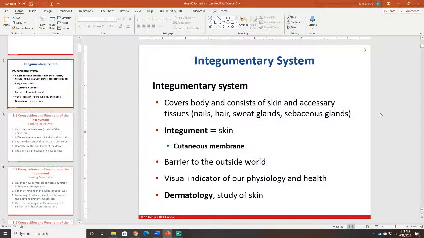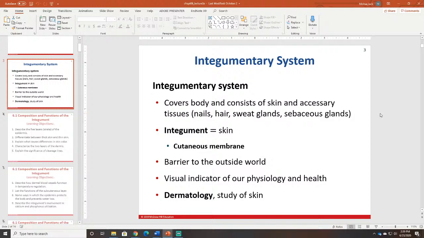All right, so we're talking about the integumentary system. It covers the body and consists of the skin and the accessory tissues, such as nails, hair, sweat glands, and sebaceous glands. The integument refers to the skin, and we also call it the cutaneous membrane, consisting of the epithelial layer on top and the connective tissue layer below.